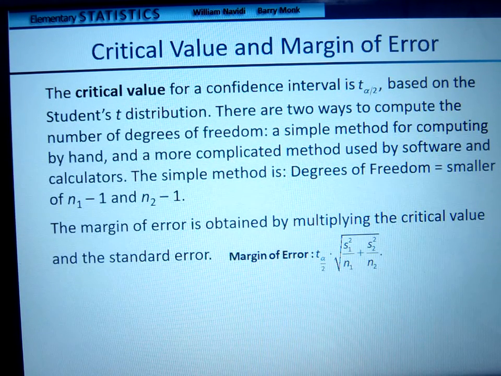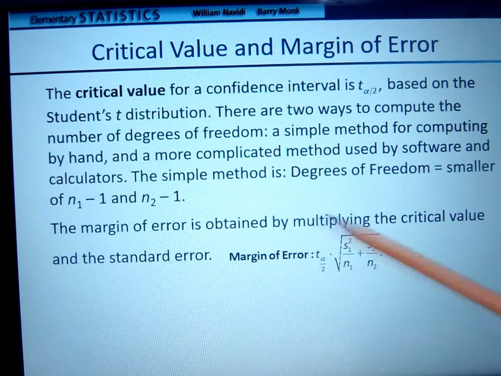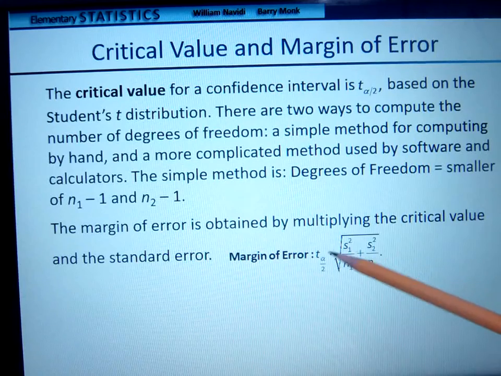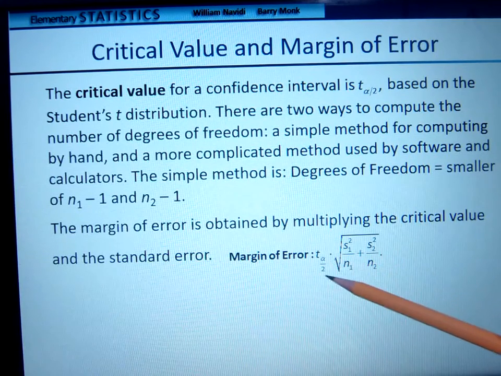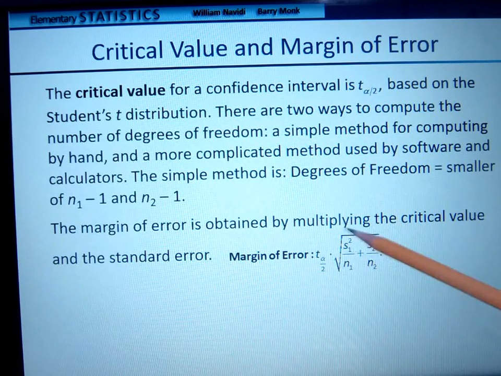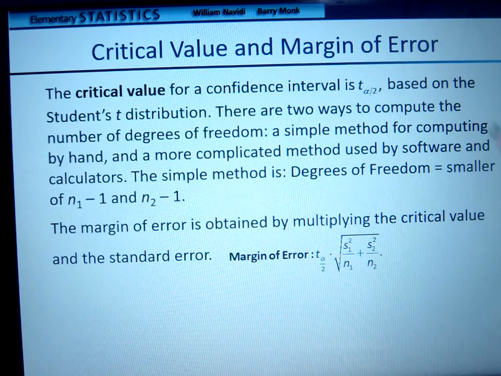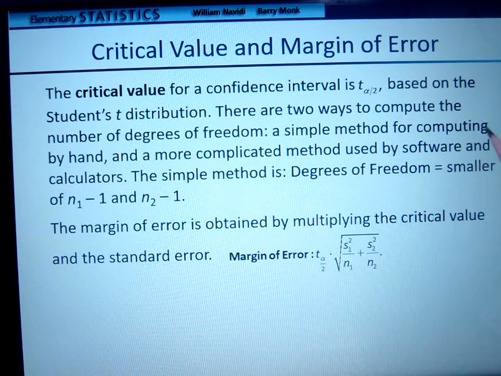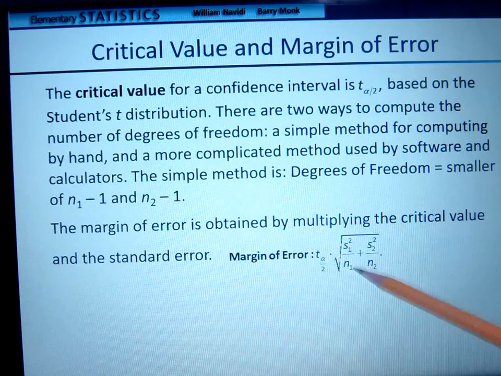The margin of error is obtained by multiplying the critical value and the standard error. So we're going to take that t alpha over 2 times the standard error. Yes, I know these formulas are starting to look complicated, but you know what each one of these symbols means.